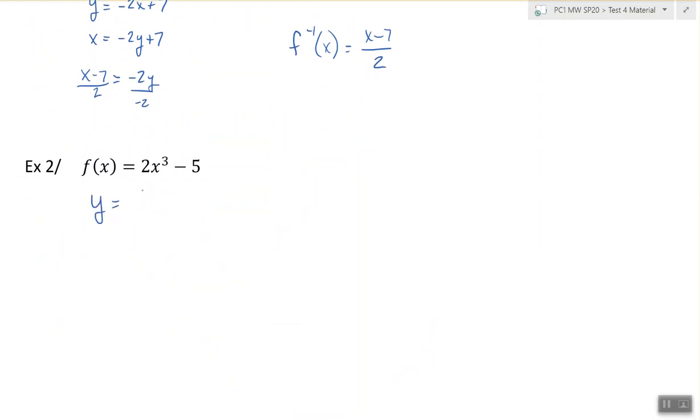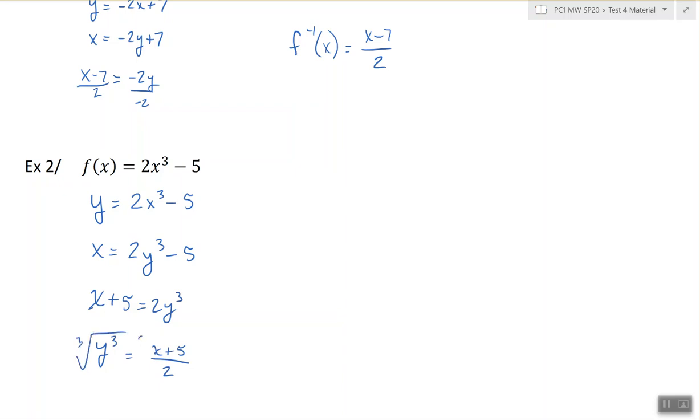Get rid of the function notation, and switch your x and y. So this is x equals 2y cubed minus 5, and x plus 5 equals 2y cubed. We're going to divide by 2. So y cubed is x plus 5 divided by 2.